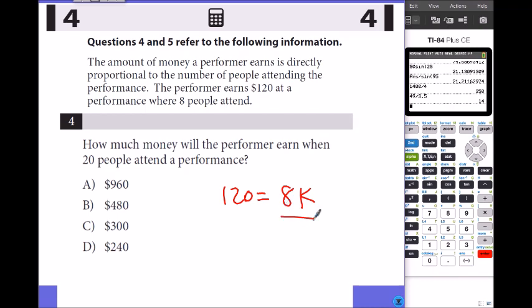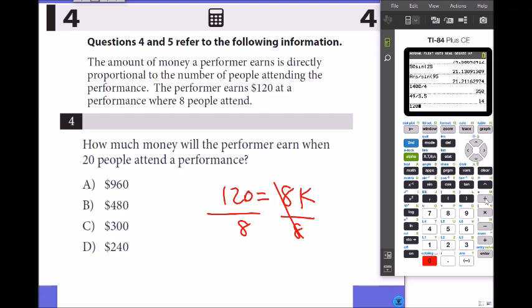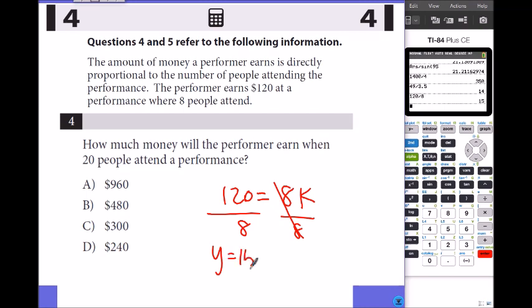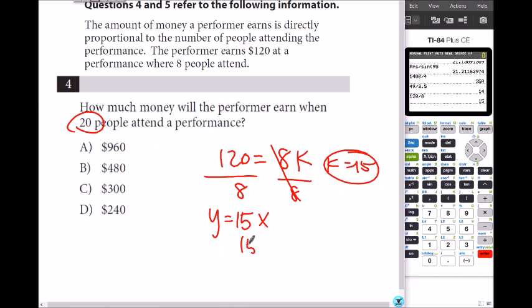Solve for K first and find the actual equation. So 120 divided by 8 is 15. Yes. So K is 15, so Y equals 15 times X. So now 20 people are attending, so X is the number of people. So 15 times 20 is $300.